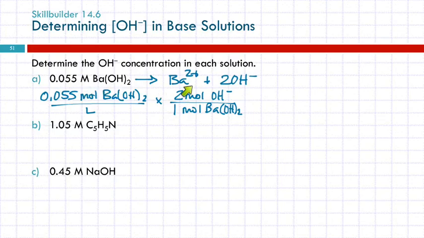You can write this equation showing how it forms the ions, or you can get this relationship just looking at this formula. There are 2 OHs in every one of those. So this will actually generate twice as many hydroxide ions as the original. So 0.11 moles per liter hydroxide ion. Or we can say OH minus equals 0.11 molar.